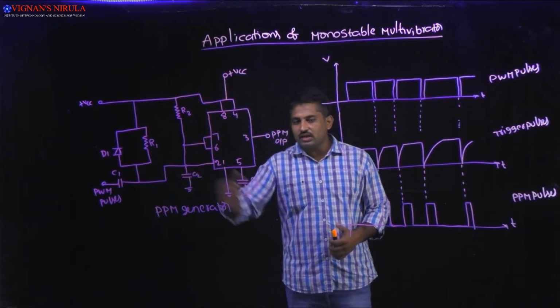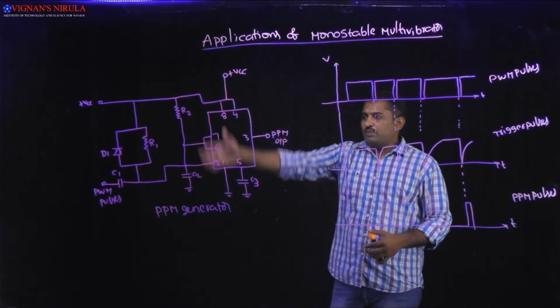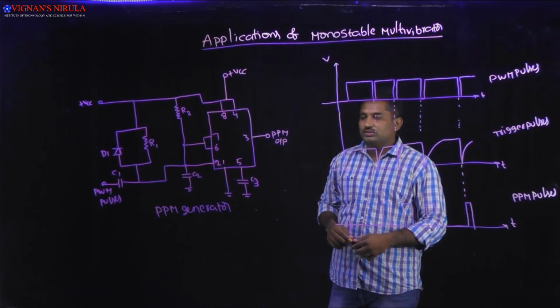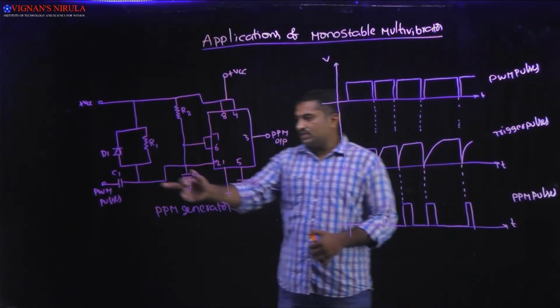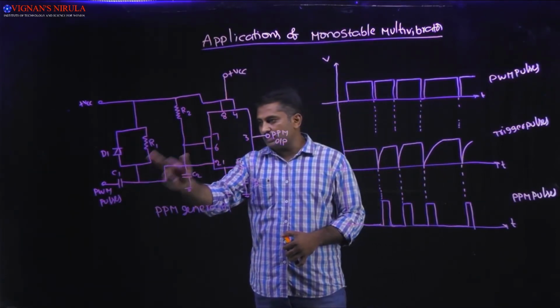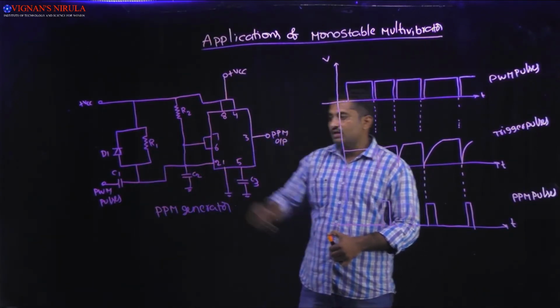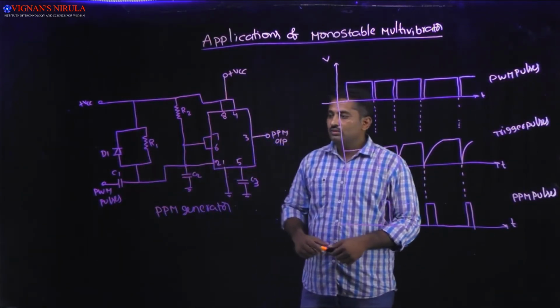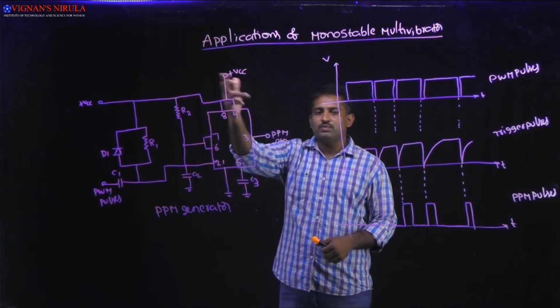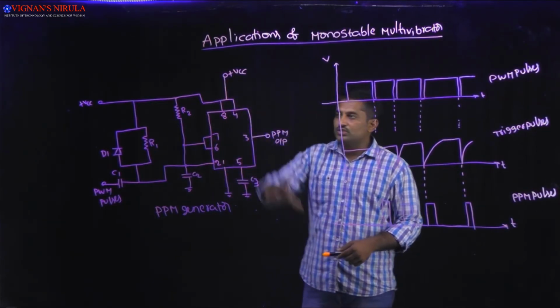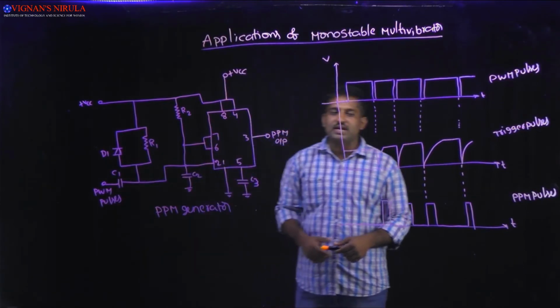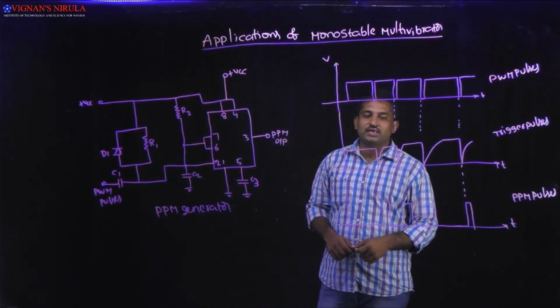So here the PPM generator circuit consists of a differentiator, which is nothing but a combination of R and C, and a diode, followed by a monostable multivibrator. This total circuit will be treated as a PPM generator.